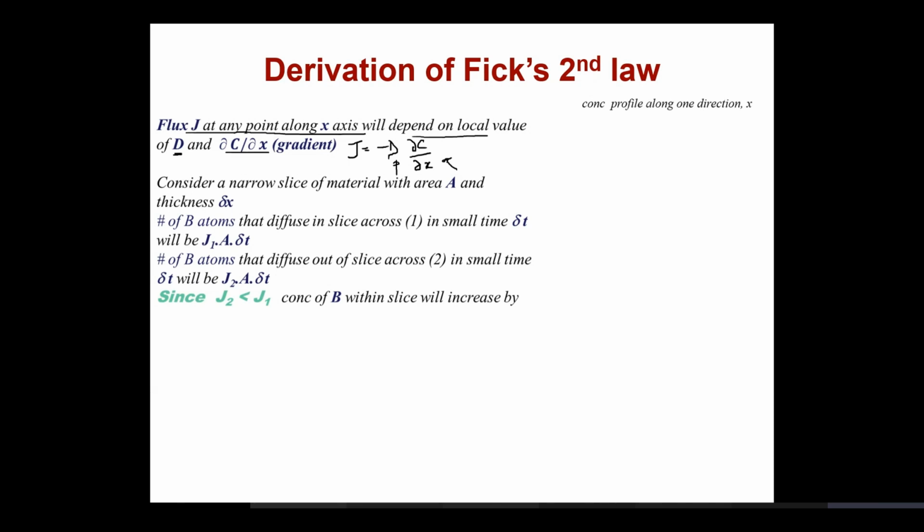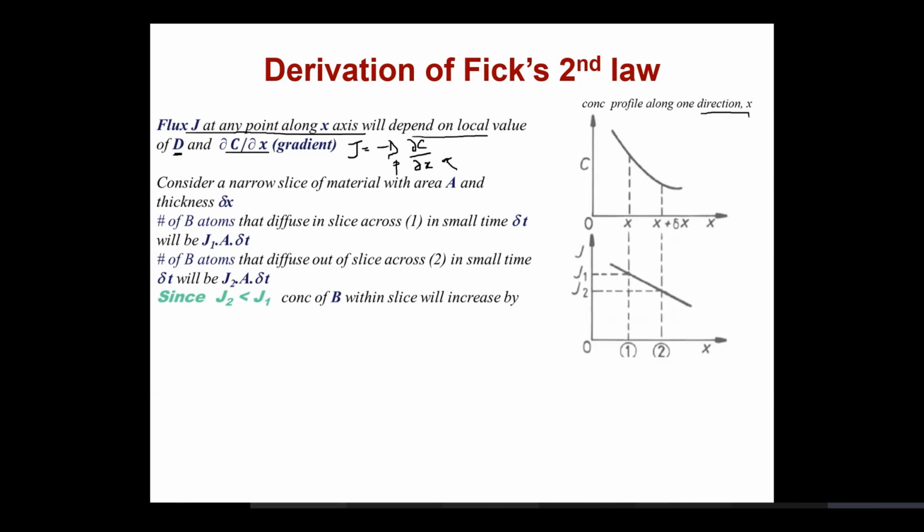And if we have a concentration profile along one direction which is changing in this way, and if you look at the gradient at this point and the gradient at this point, are they the same or different?